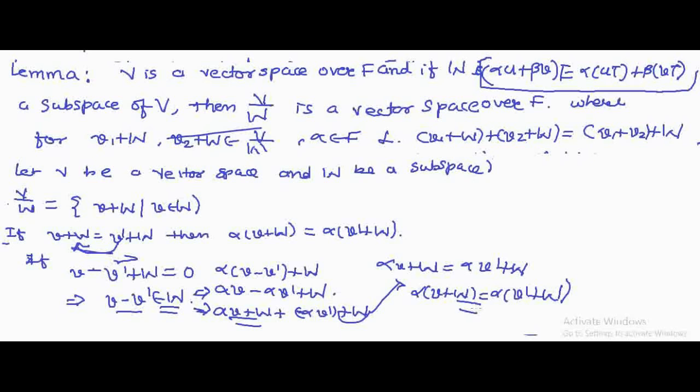Now we prove that this set is a vector space. To prove this, we have to show first that this is an abelian group.